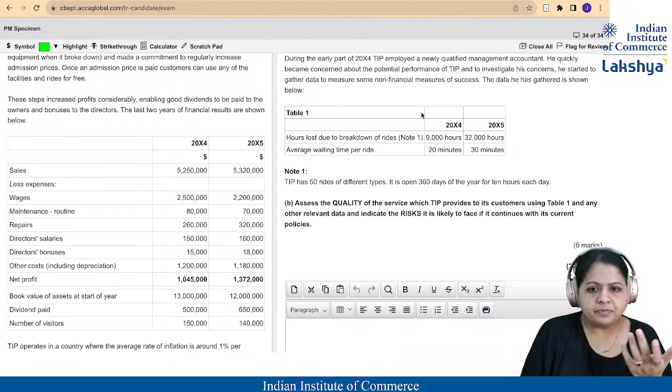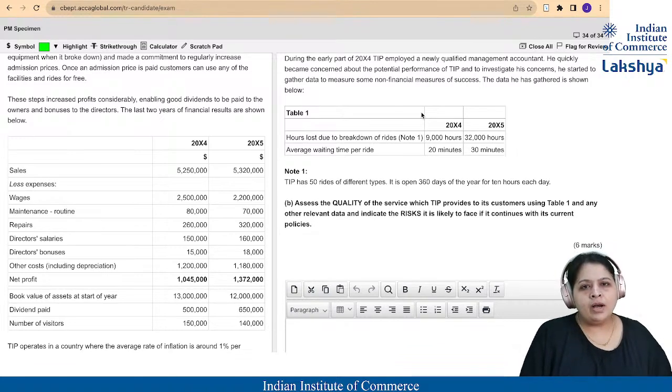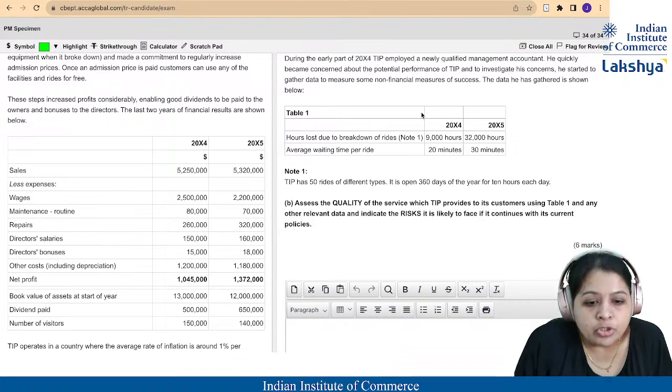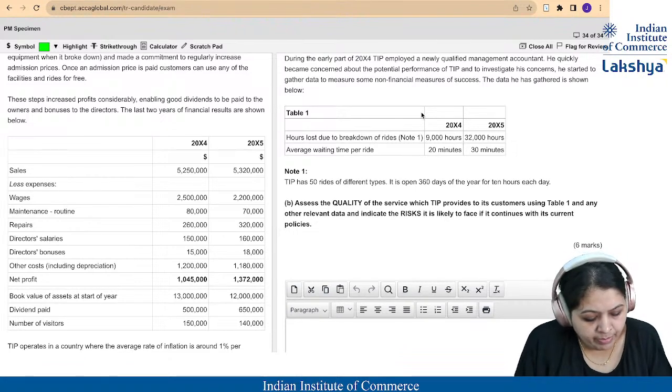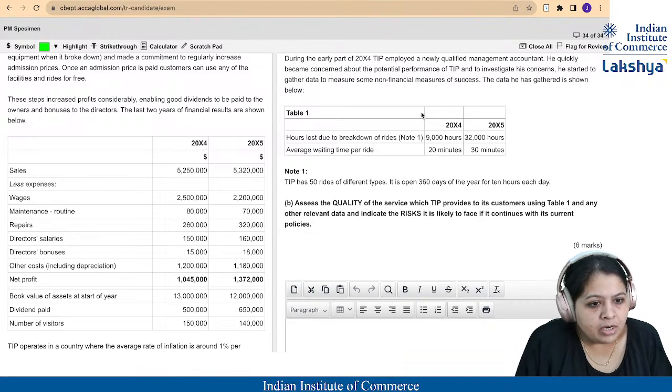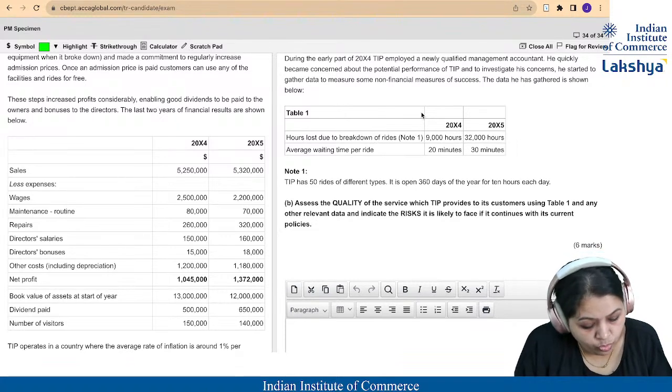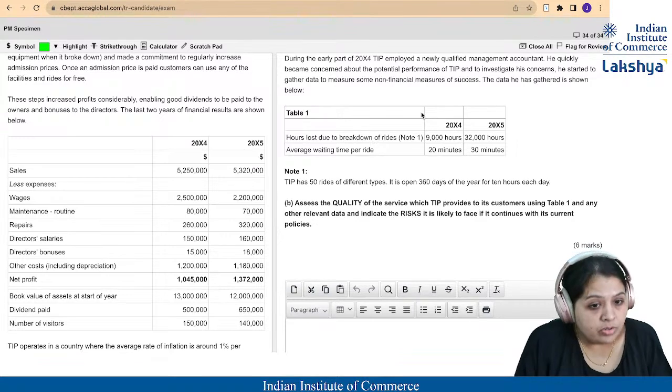And for organizations who are into amusement parks, it's very important to assure that the rides are being maintained correctly, right? So the breakdowns have increased three times, as I said. Last year, 9,000 hours were wasted, and now 32,000 hours have been wasted, which is not good.